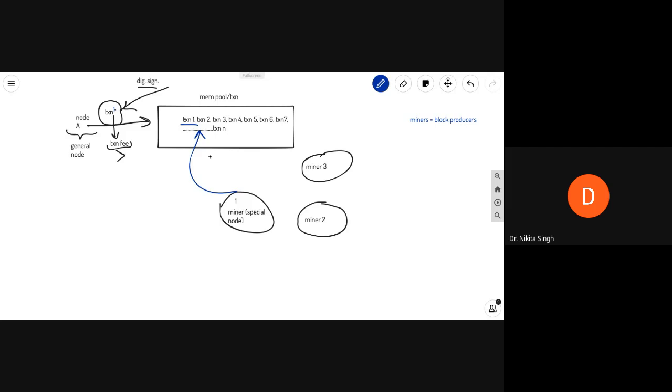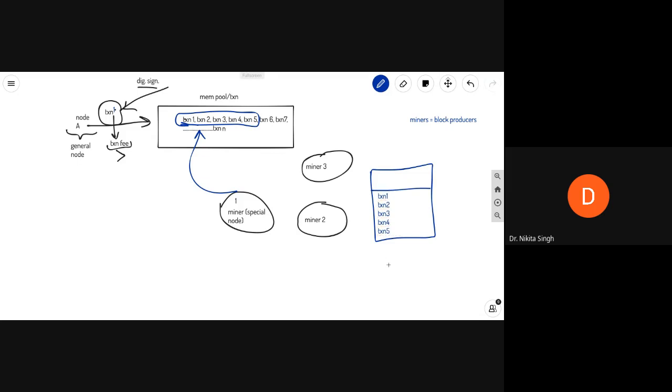Suppose we have a miner 1, it decides to select 5 transactions from this pool. So what this miner will do is he will try to bundle up all these transactions: transaction 1, transaction 2, transaction 3, transaction 4, and transaction 5.